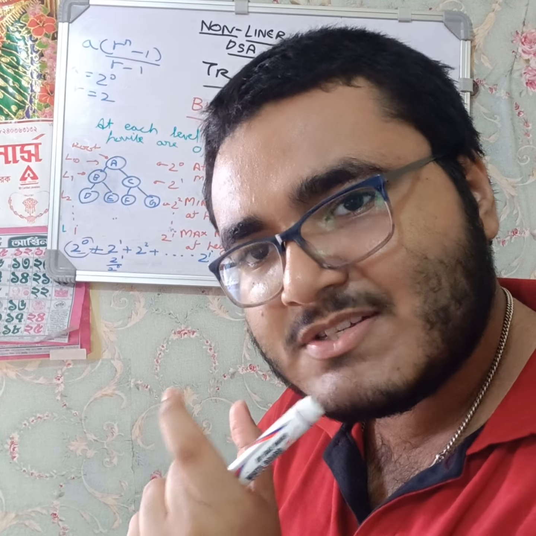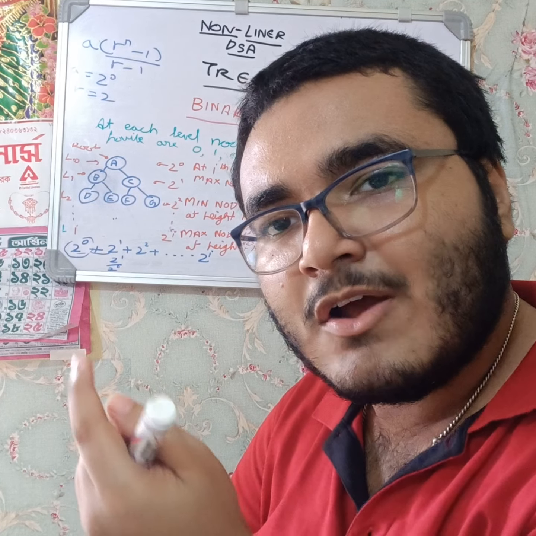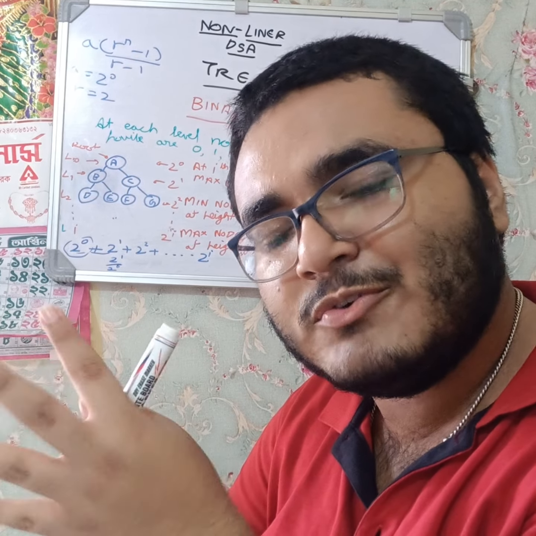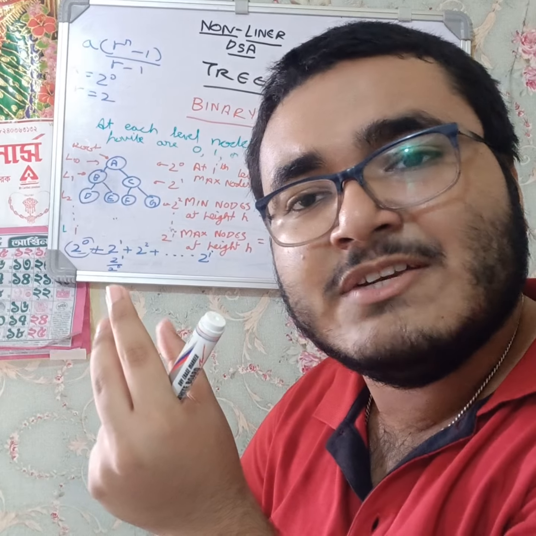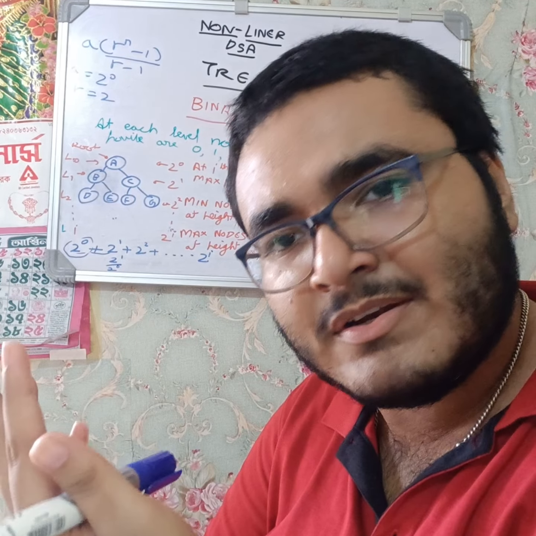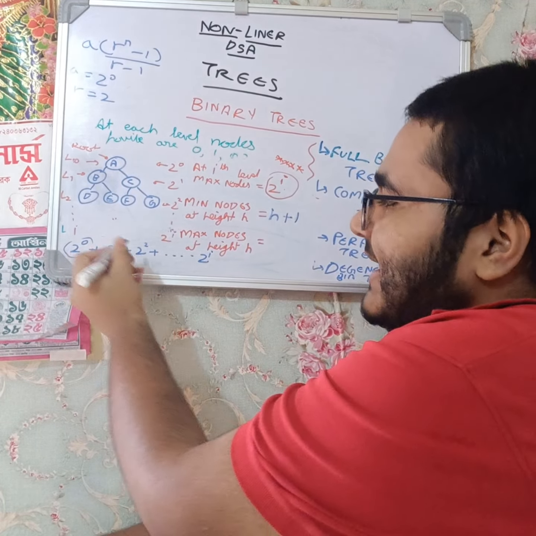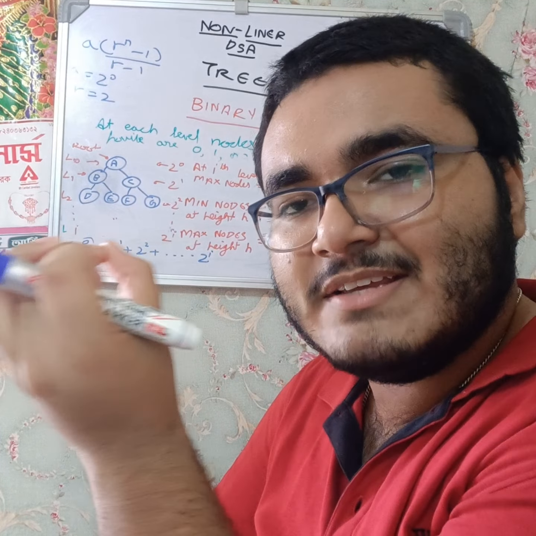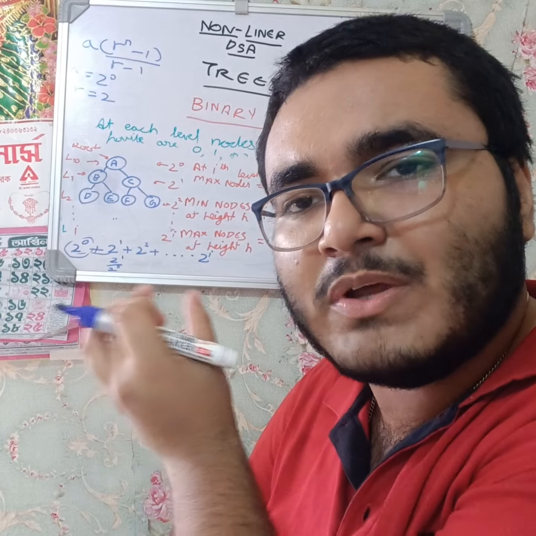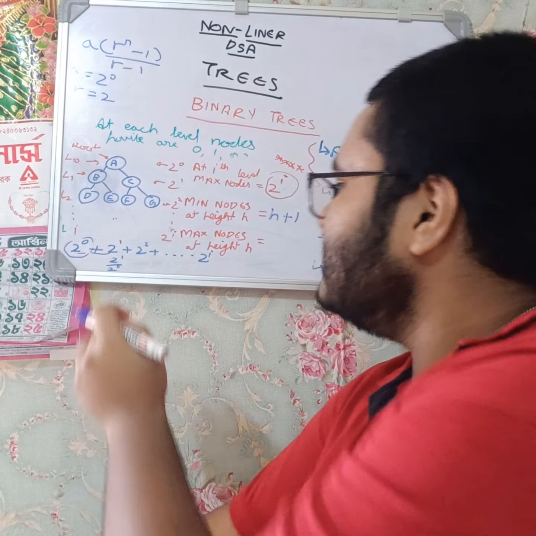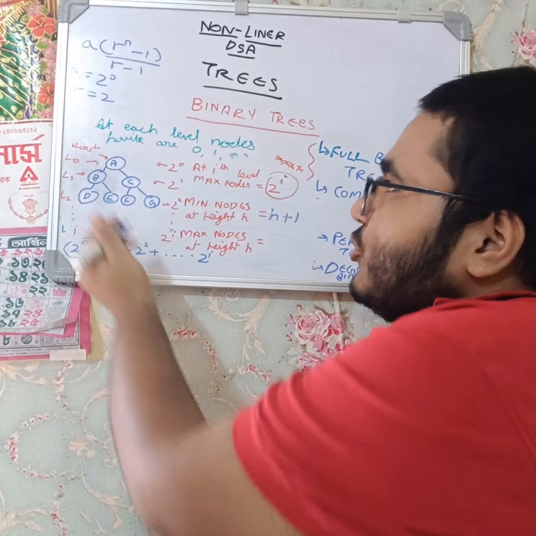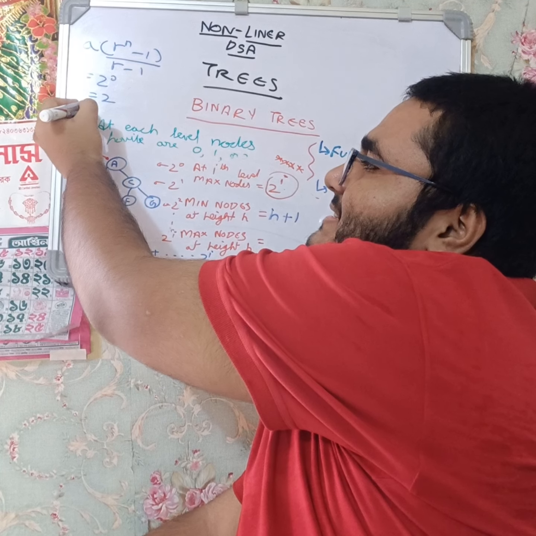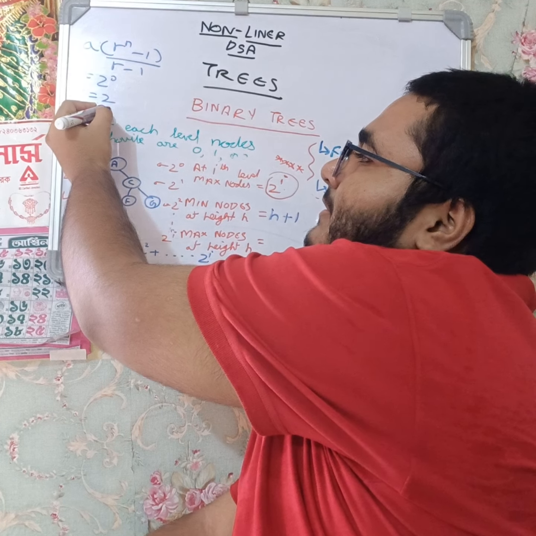From 1 to 9, 9 numbers, and if I include the 0, it's 10. From 0 to 10, it is 11. So from 0 to i, n is i plus 1.